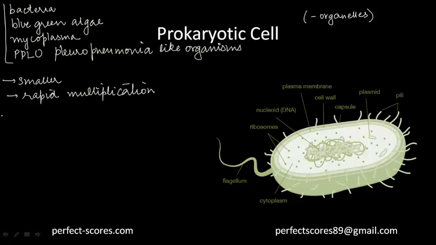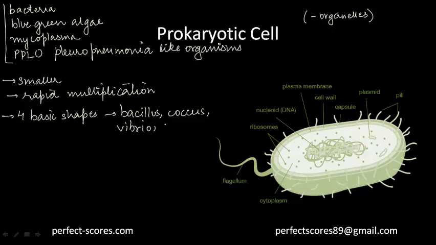The 4 basic shapes that are present in case of bacteria are bacillus, which is like a rod, coccus, which is spherical like a ball, vibrio, which is comma shaped, and spirillum, which as the name suggests is spiral in shape. Now the organization of the prokaryotic cell is very similar, while prokaryotes can be different in terms of their shapes and functions.